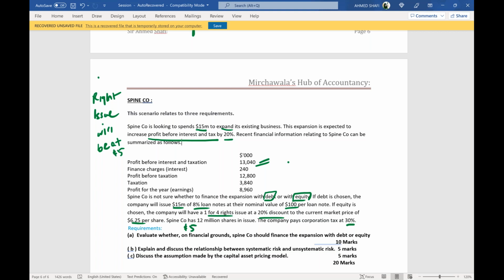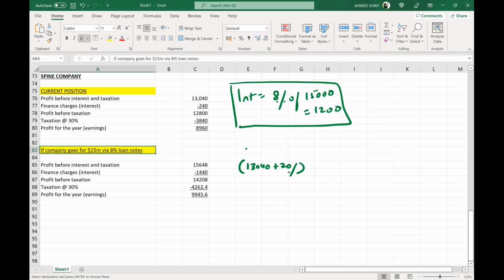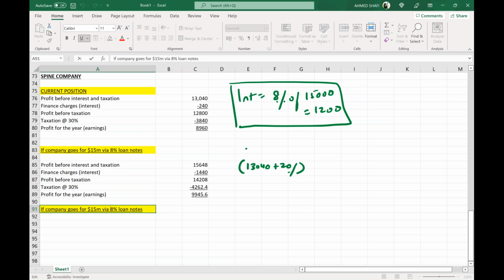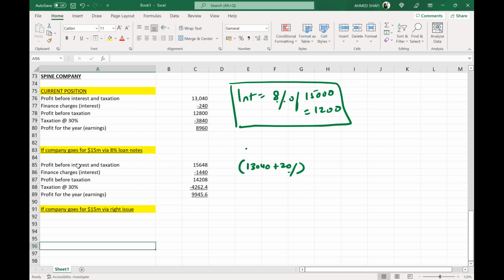Now let's see if the company goes for a rights issue. If the company goes via a rights issue, it's very easy.